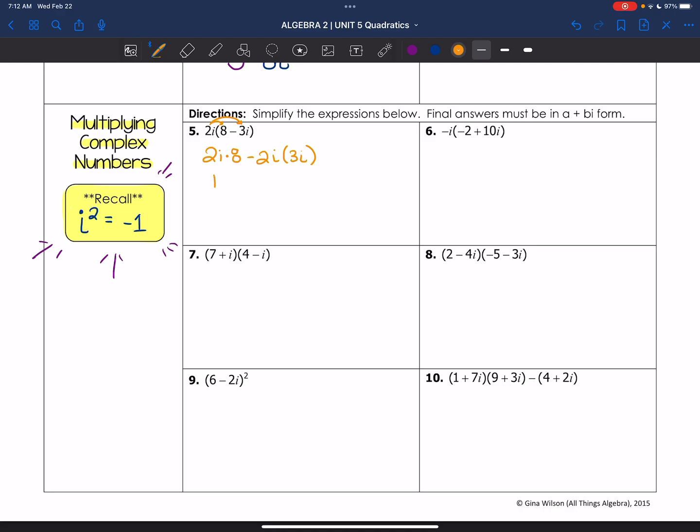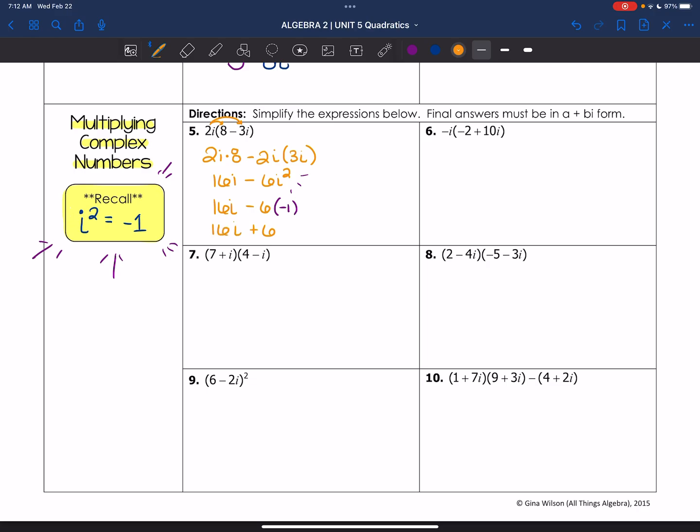2i times 8 is 16i, and then here we have a negative 6i squared. But remember what we said about i squared. What is true about i squared? It is, in fact, negative 1. So we really have 16i minus 6 times a negative 1, which gives us a positive 6.